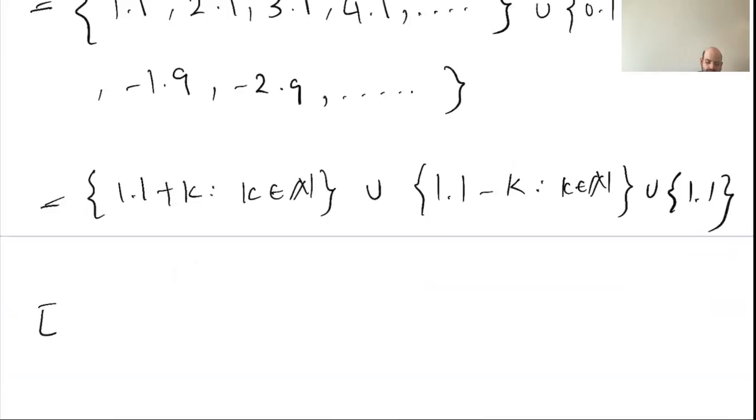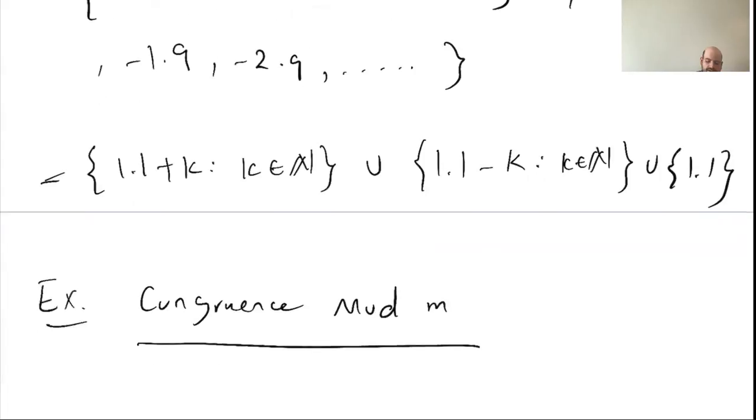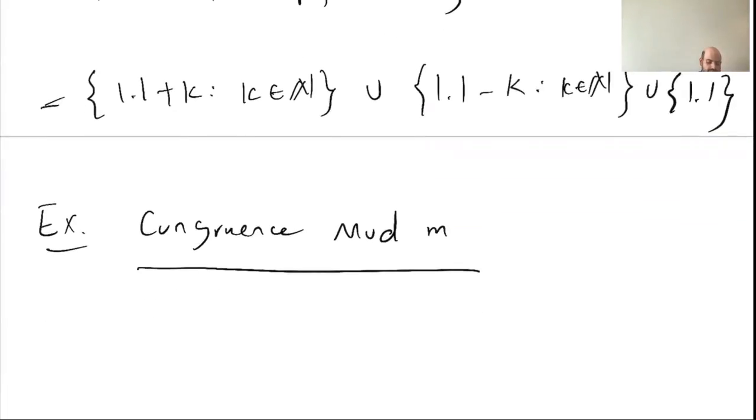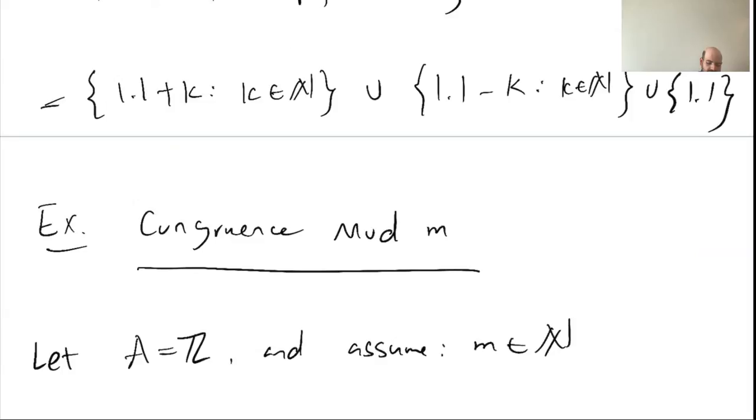All right, now another example, congruence mod M. So this is a very important type of equivalence relation. So again, let A equal Z and assume that M is a positive integer.